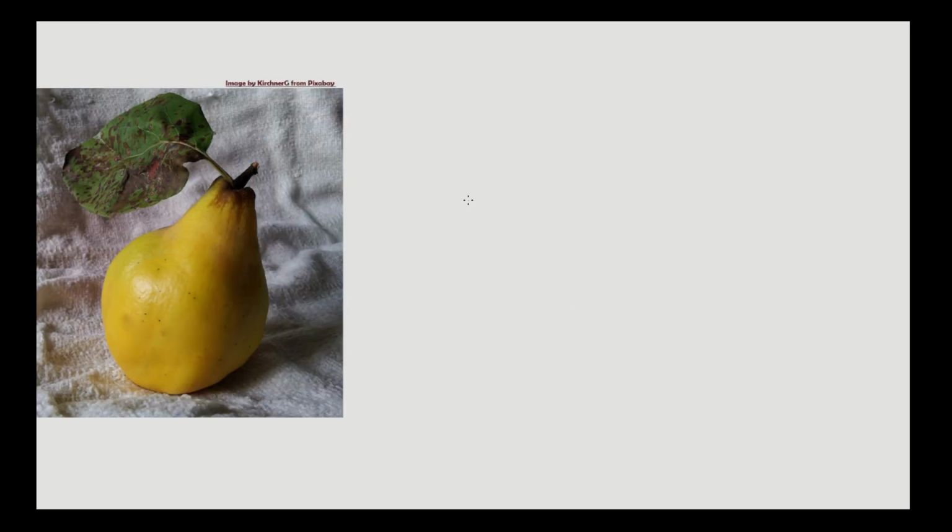To calculate the angle of tilt, we need to compare it to another angle to get an accurate tilt. By that I mean, for example, we don't know the angle of this pear. So what we are going to do is draw a 90-degree angle, a straight vertical line and a horizontal one.